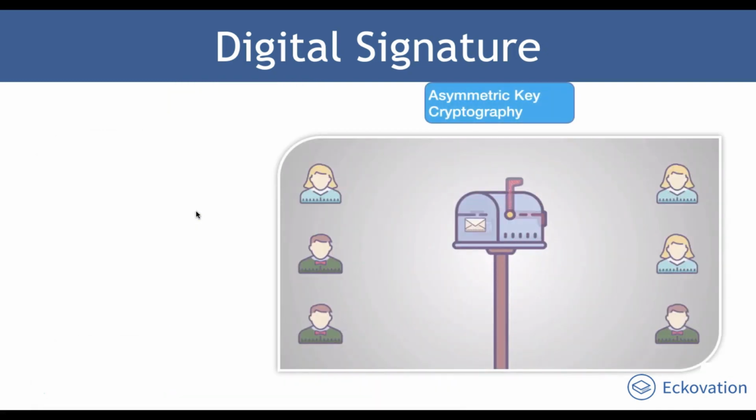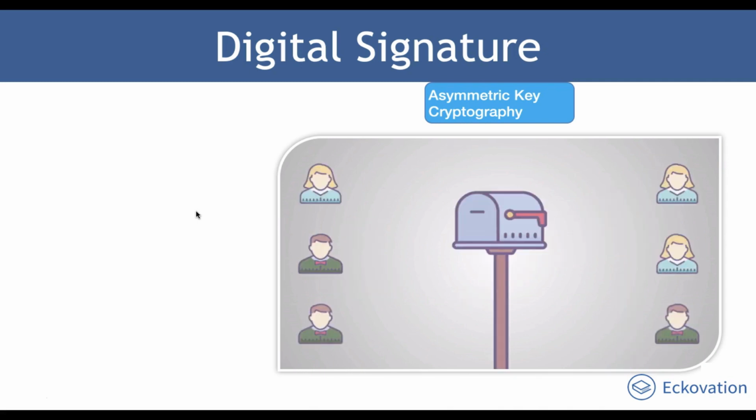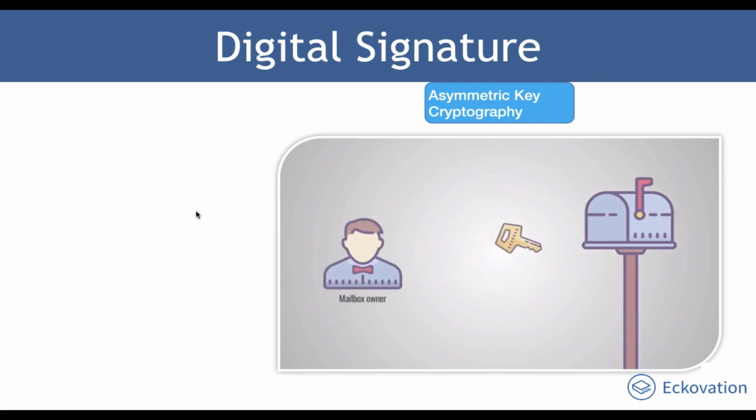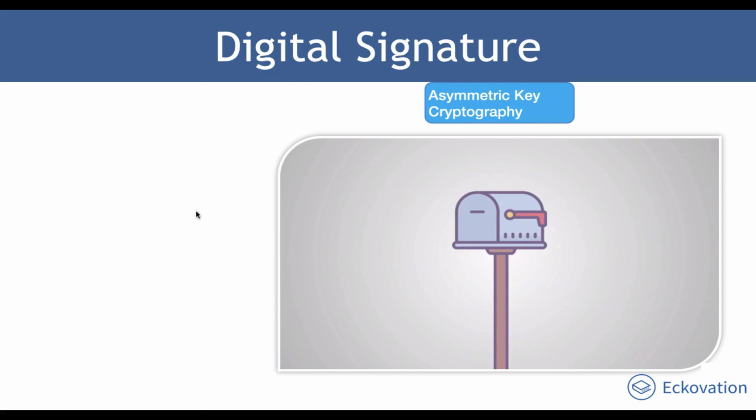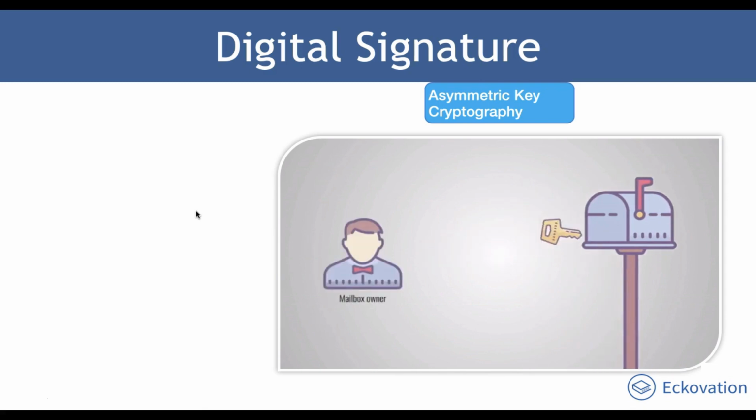As the name suggests, in symmetric cryptography we are using the same key to encrypt as well as to decrypt. In asymmetric cryptography we are using different keys. In this diagram you can see there are 6 people who want to send some encrypted message to the receiver, which is the mailbox owner. They will send the sensitive data by encrypting it using an asymmetric key.